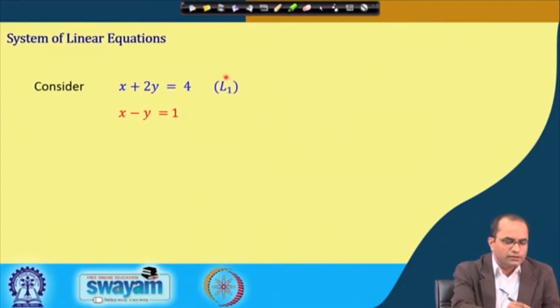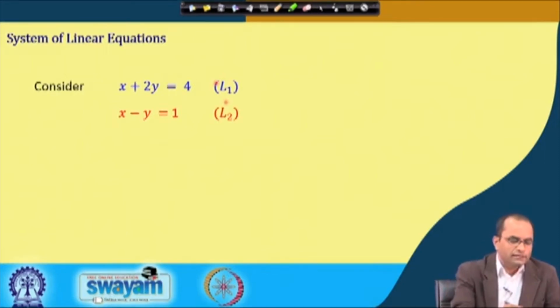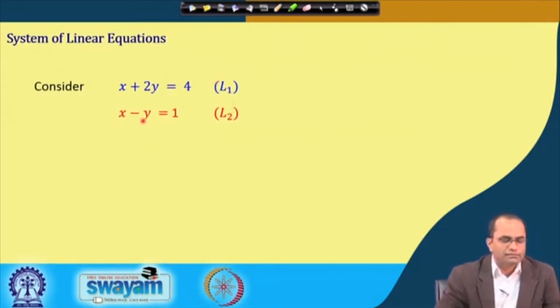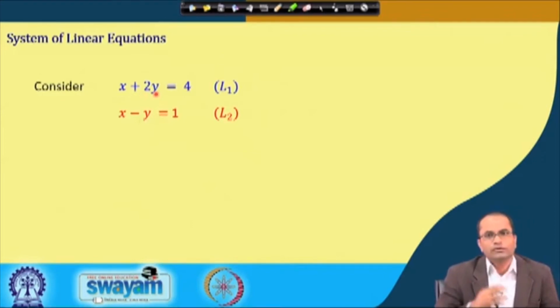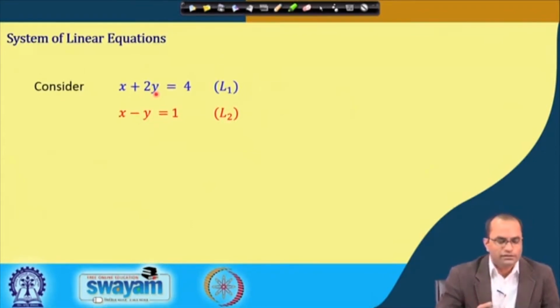Let us call the first equation L1, because this is the equation of a line, and this is L2, the equation of the second line, given by x minus y is equal to 1. So, when we are considering only two variables x and y, the equations of the system are nothing but the equations of lines.